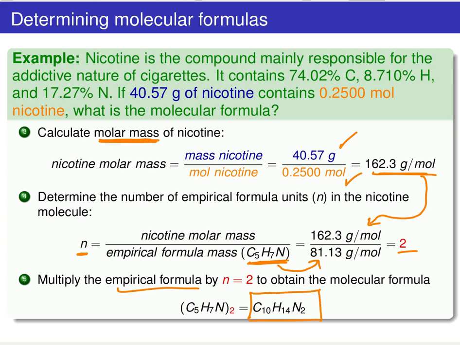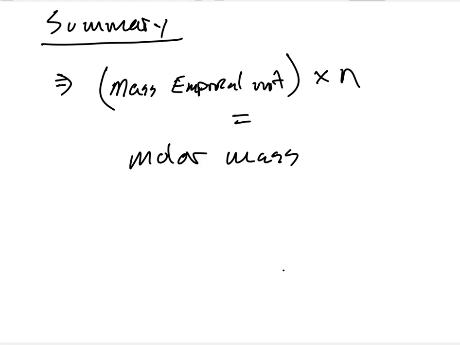So the empirical formula is C5H7N. We multiply each one of those subscripts by 2, and we arrive at C10H14N2. So in summary, what we've really seen here is how we can use the mass of an empirical unit and the molar mass to determine this integer.